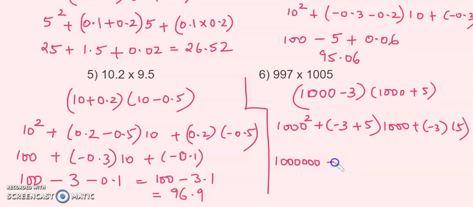Okay, so 10 lakh plus 2000 minus 15. Correct? So it comes out to be 1001985.